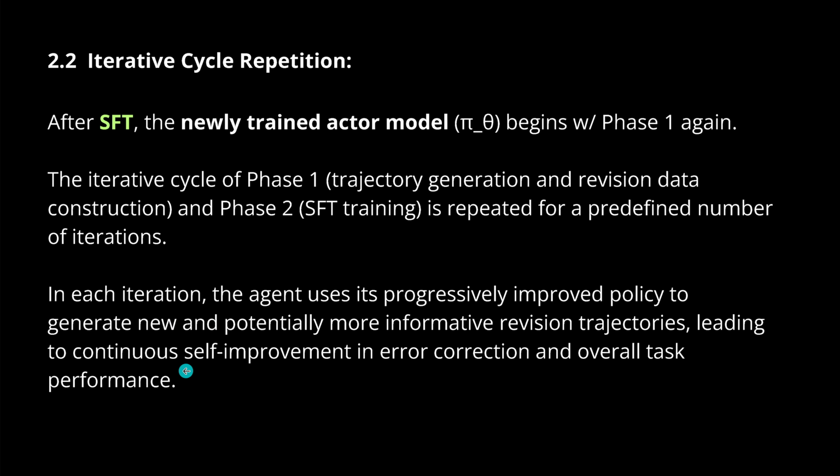And all of this leads to continuous self-improvement in the error correction and the overall task performance. So you have to invest a little bit more here in the training of this agent, but the real-world applications are really nice because you can make sure almost that your LLM, your agent, will not enter into reasoning loops and never recover from them.